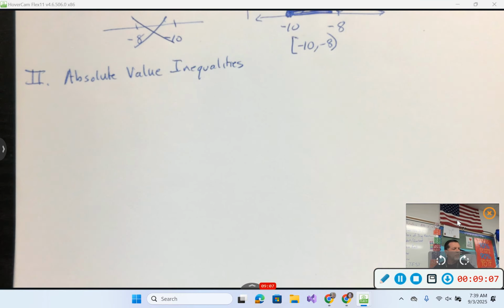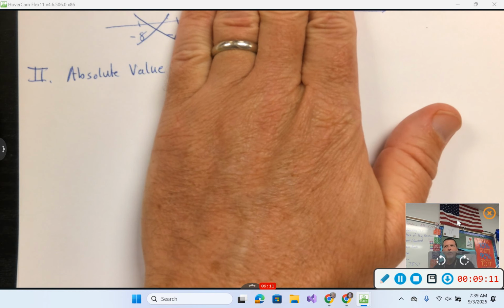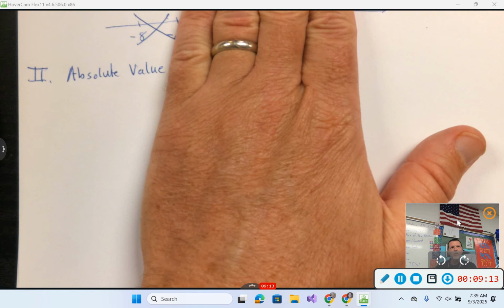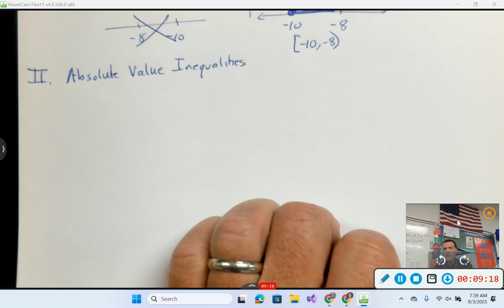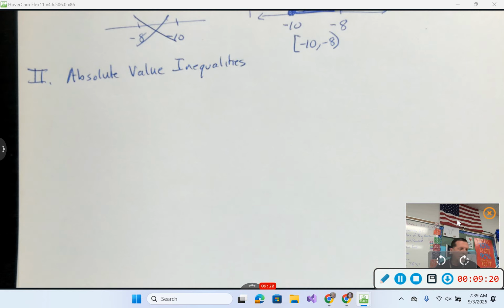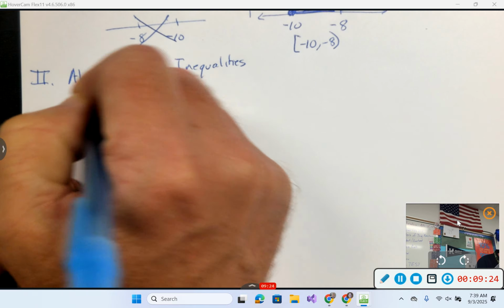Let's back up. How did we solve absolute value equations? So don't worry about the inequalities yet. What did we do first if we're solving an absolute value equation? You remember what we would do first? Get the absolute value by itself. That's the same step.